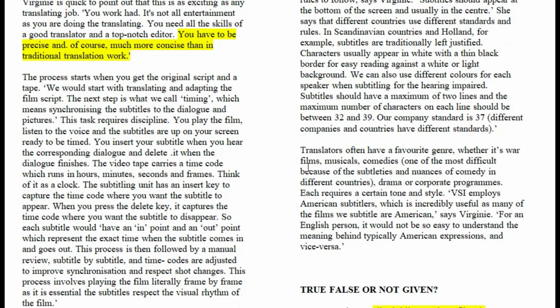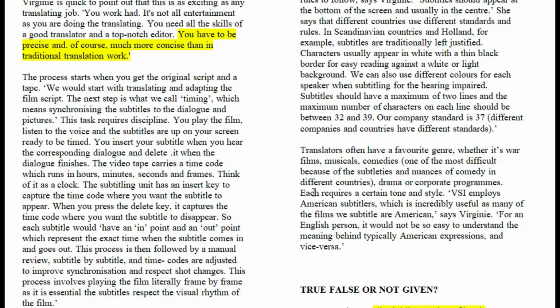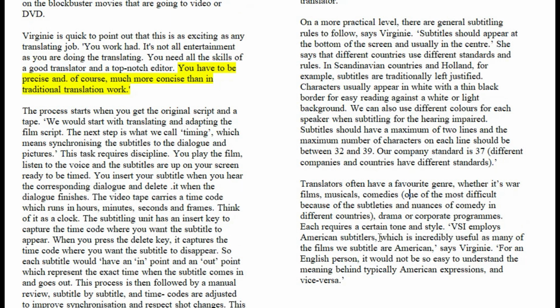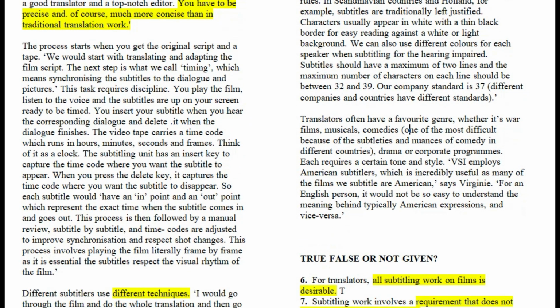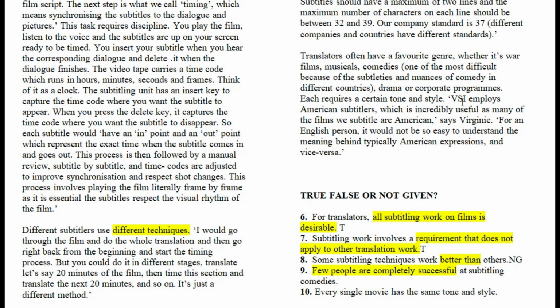So what does it mention? Translators often have a favorite genre, be it war films or comedies, one of the most difficult because of the subtleties and nuances. Okay, you see that it is one of the difficult ones. But what does the statement tell? Few people are completely successful at subtitling comedies. Yes, it is one of the most difficult ones, but does it tell that not everyone can do this?